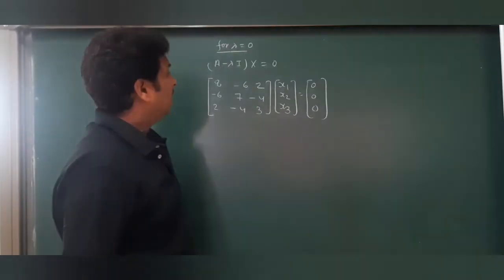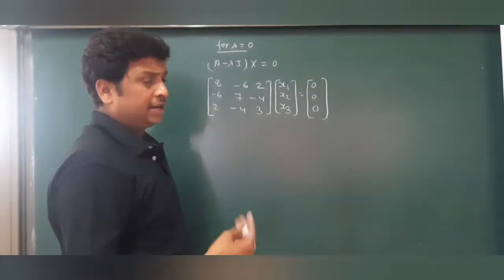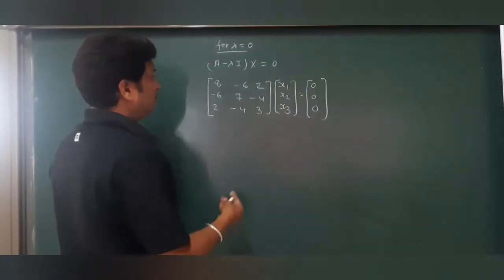With lambda 0, it is the same: 8, minus 6, 2; minus 6, 7, minus 4; 2, minus 4, 3, multiplied with x1, x2, x3, is equal to 0, 0, 0. How we calculate the eigenvector, you know very well. I will tell one more method which is also very easy. During the exam it will be easy to calculate the eigenvector.